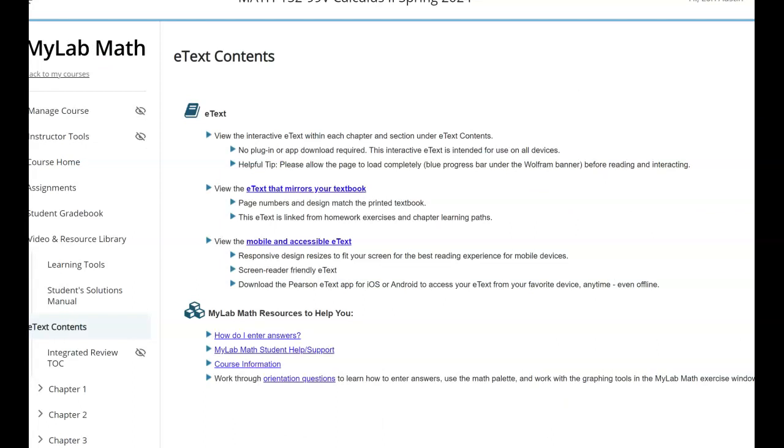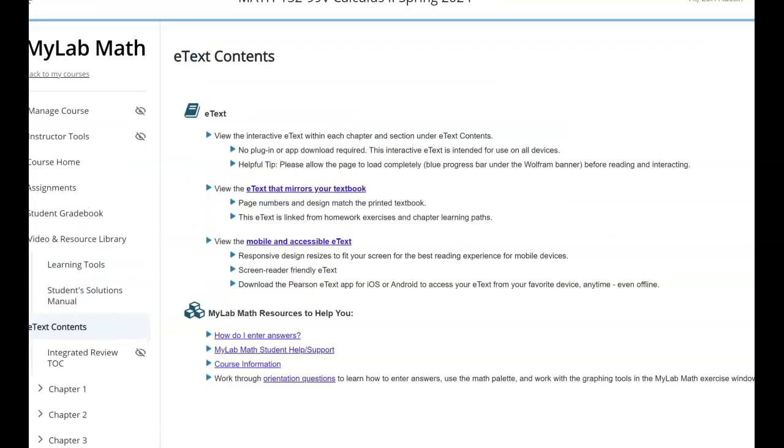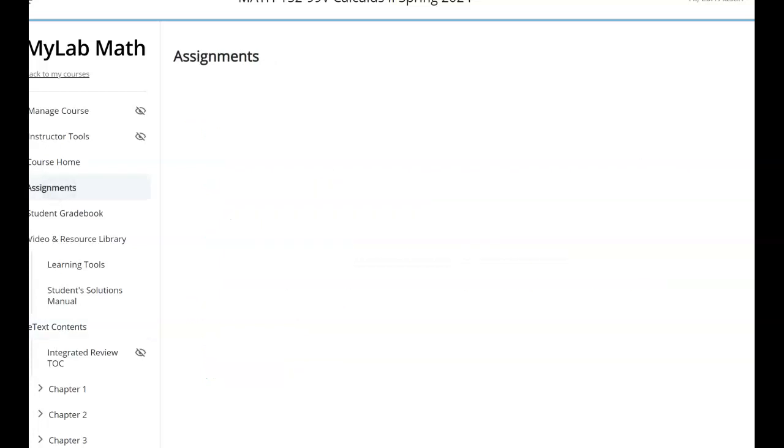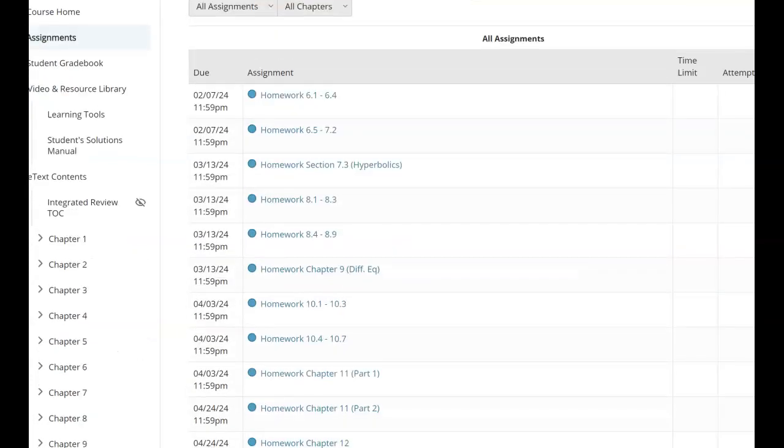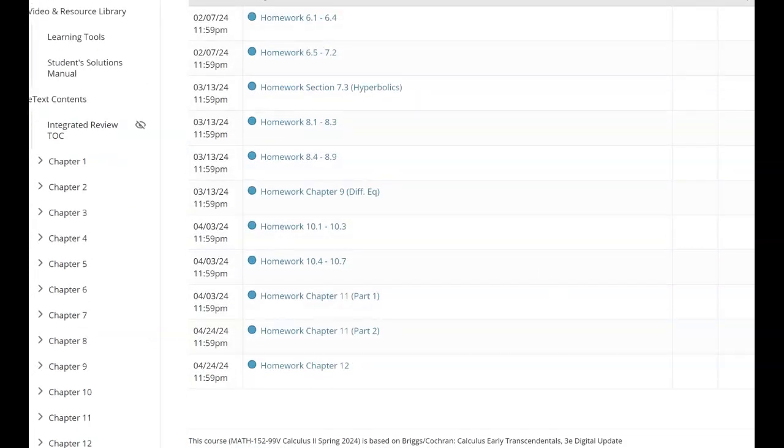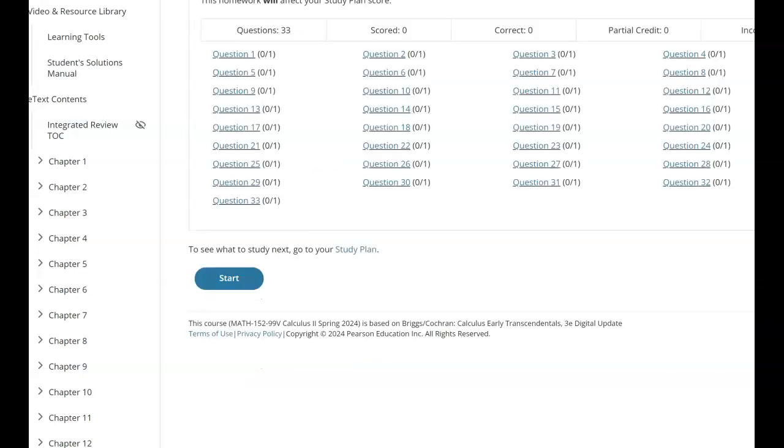I believe MyMathLab assignments, here we go. It lets me access the basic assignments for 8.7. I know it looks like a lot of problems. A lot of these are quick, multiple choice.